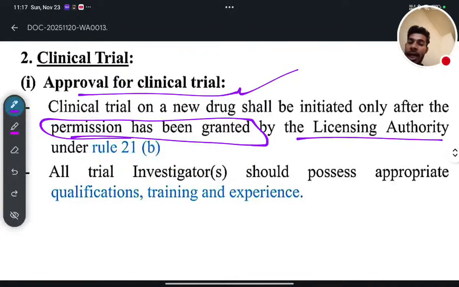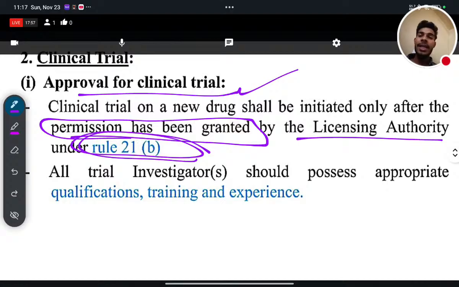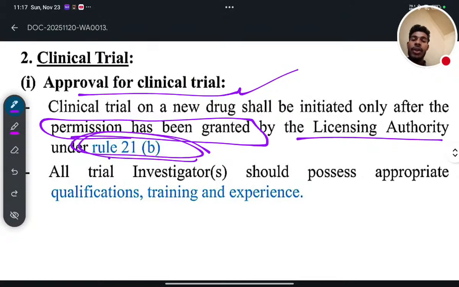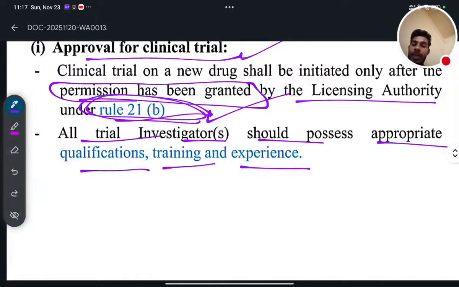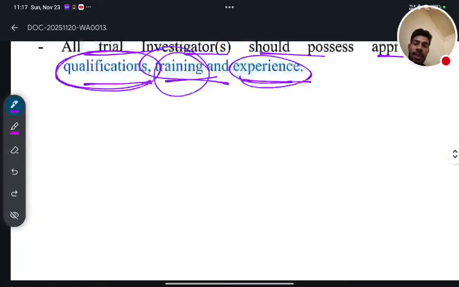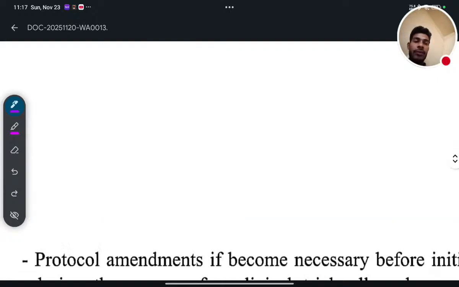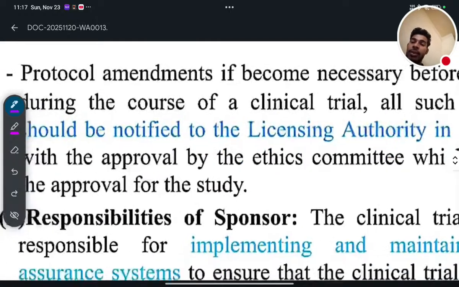Next, all trial investigators should possess appropriate qualifications, training and experience. So Rule 21B.